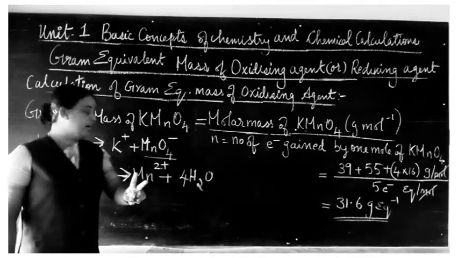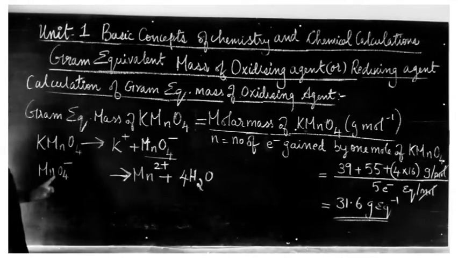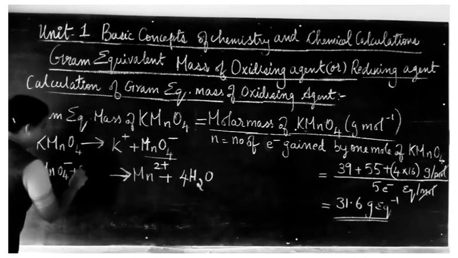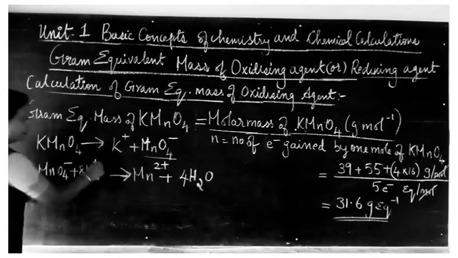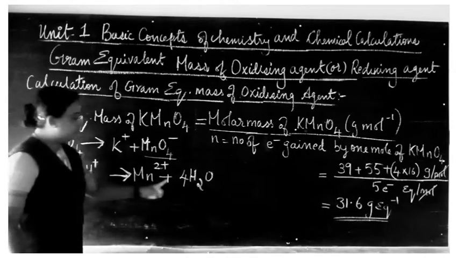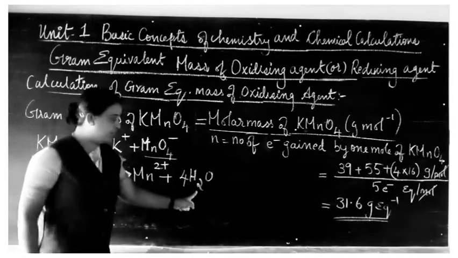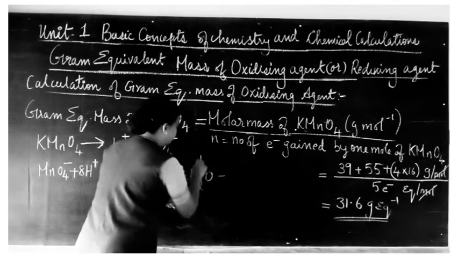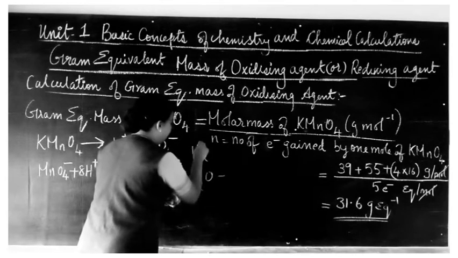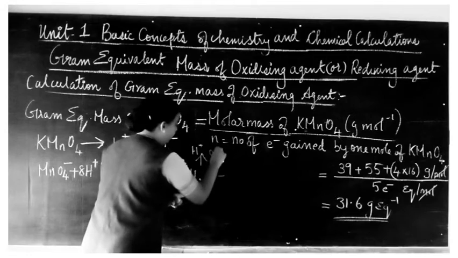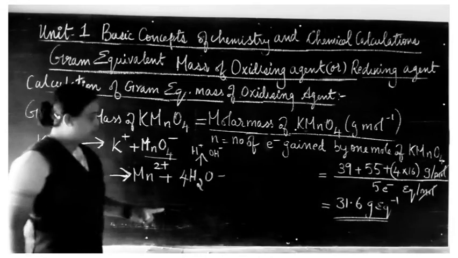So these 8 hydrogen atoms we represent on the left hand side as 8H plus. How do we get the plus here? Because H2O, when it undergoes ionization, forms H plus and OH minus ions.